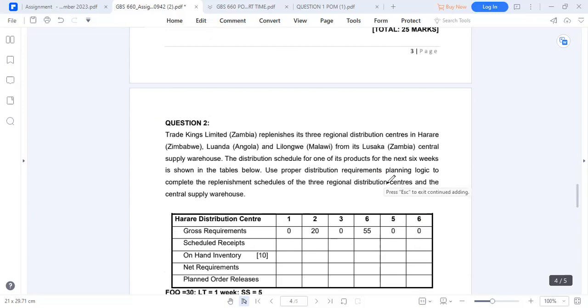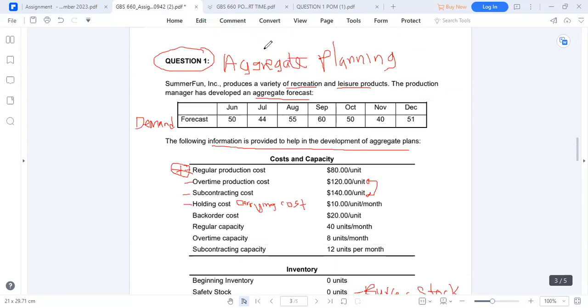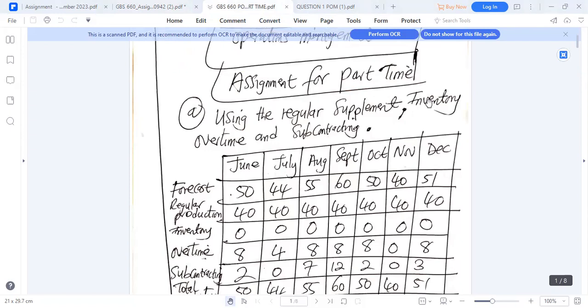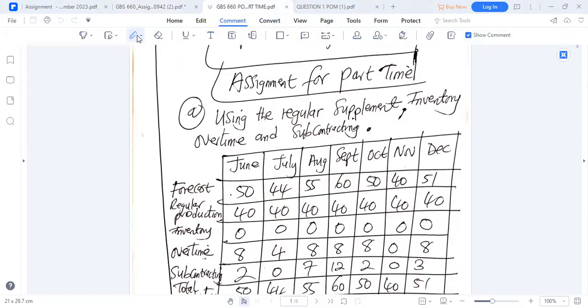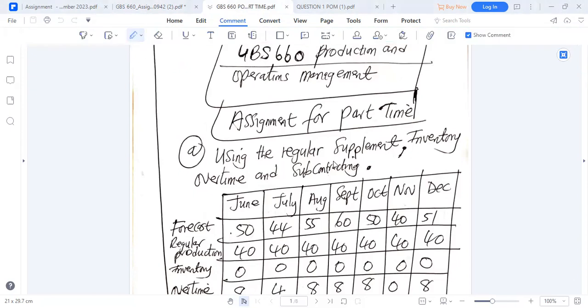So getting down to the solution here, we know that information has been given. We need to now check what is needed. We have the regular production, and then of course the subcontracting and overtime.